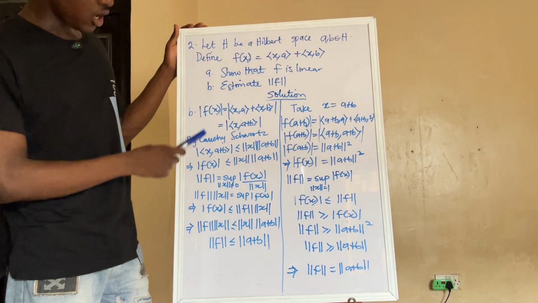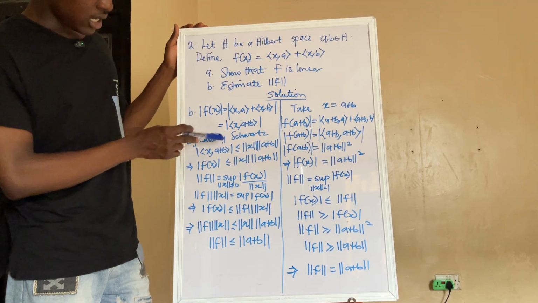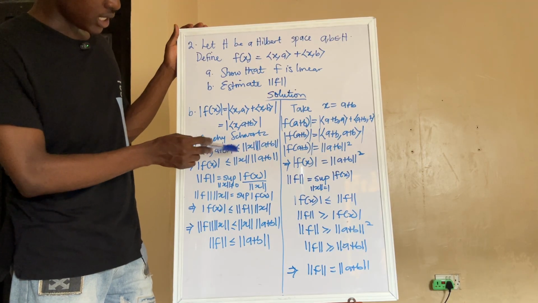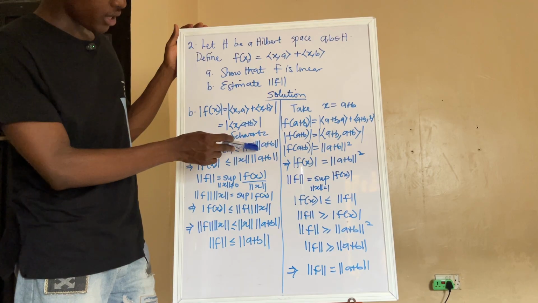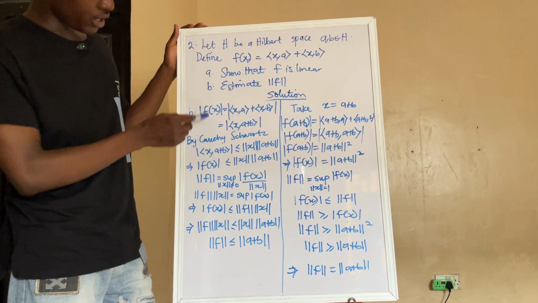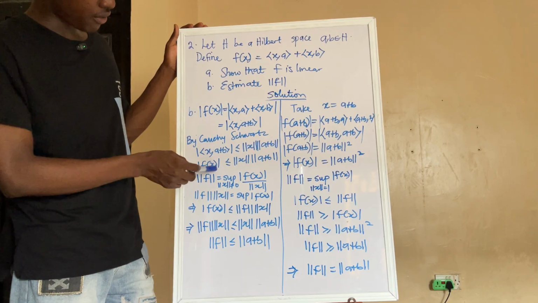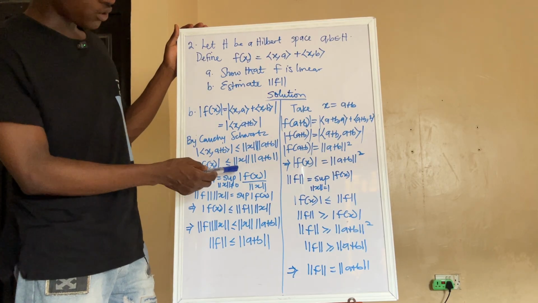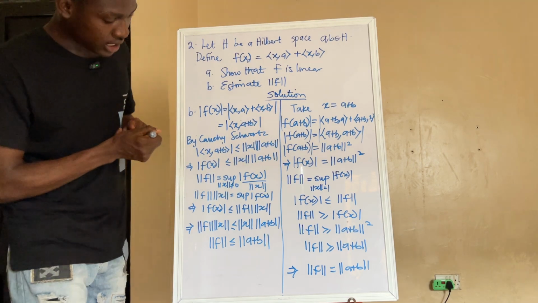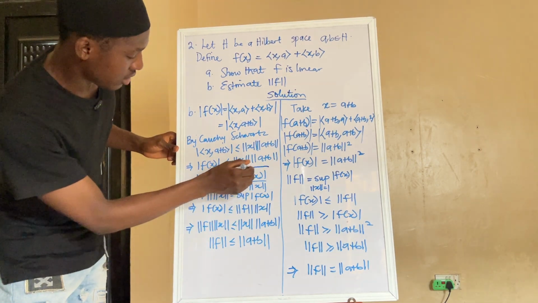I'm going to take that again. We showed that the inner product of x with a plus b is less than or equal to the norm of x times the norm of a plus b, and this is f of x. So we're just bringing our f of x back here, which is less than or equal to norm of x, norm of a plus b.